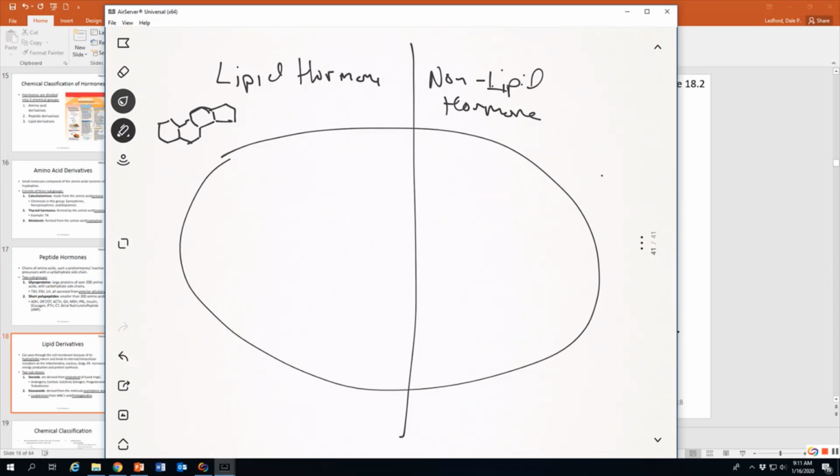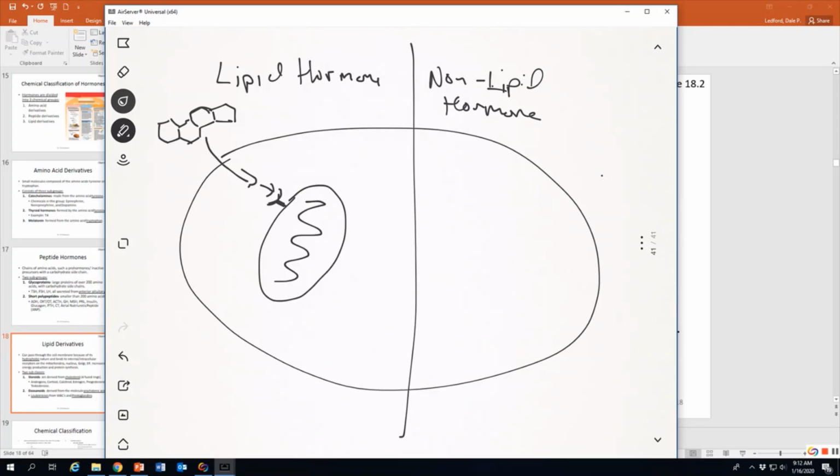Now, this steroid can go right through the cell membrane because it is a lipid, and it dissolves through the cell membrane. And when it goes in, let's say I've got an organelle right here. Let's say this organelle here is your mitochondria. And on the mitochondria here, we have a hormone receptor for that steroid.